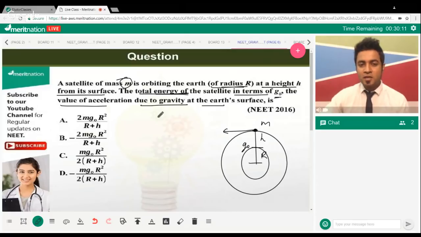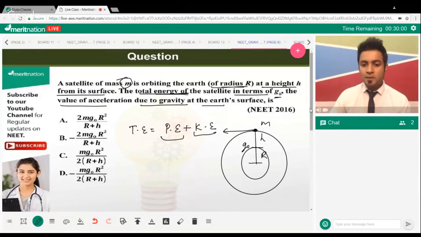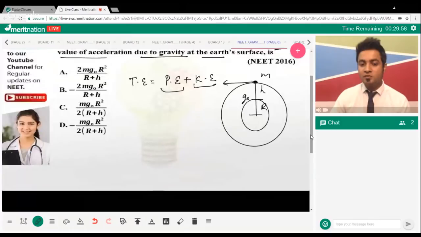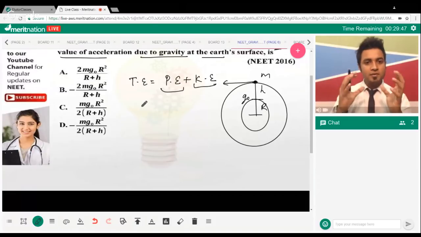So first I need to figure out, what is the total energy of a satellite? It is nothing but the potential energy plus kinetic energy, isn't it? Can you tell me what would be the velocity of a satellite that is revolving around the earth? What you have to do is, the gravitational force is providing the necessary centripetal force.